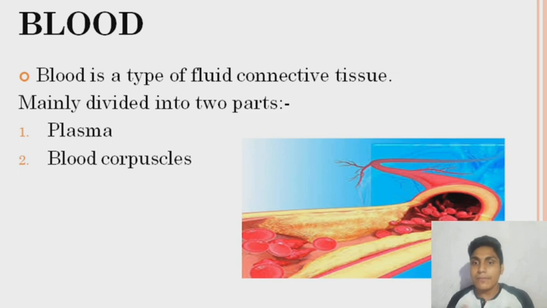Now what are blood platelets? For that I will give an example. You might have got injured while playing or in your childhood days. What happens when you get injured? At that time blood comes out of your body, but after some time you might have observed that the blood doesn't come out.